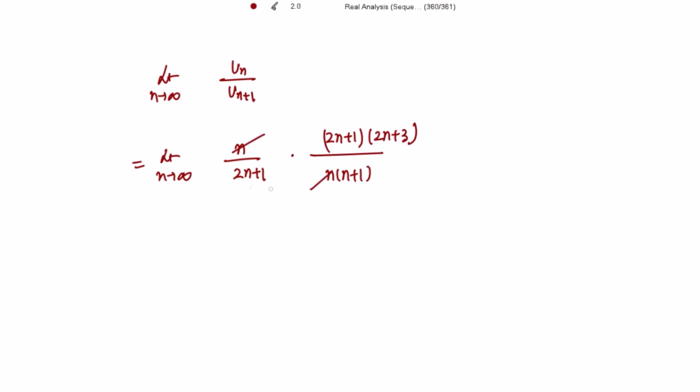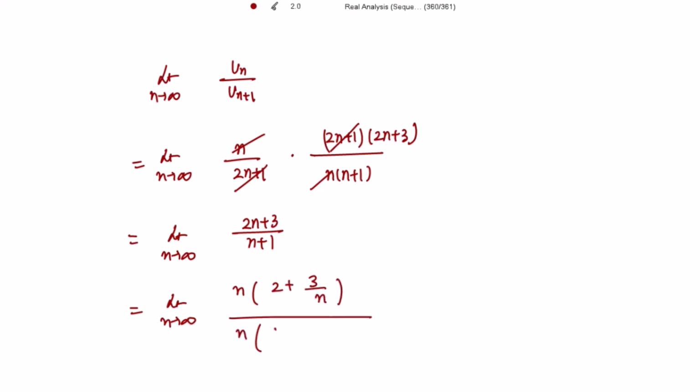So cancelling this and this, we get 2n plus 3 divided by n plus 1. Let's take n common, and also from the denominator. Now applying the limit, when n tends to infinity, we get 3 by infinity to be 0. And 1 plus 0, that is 2.